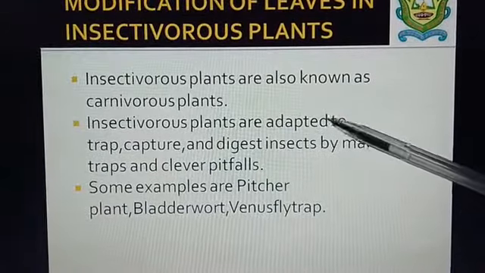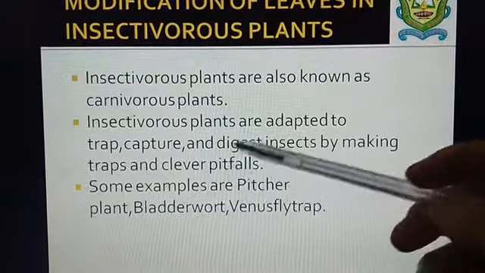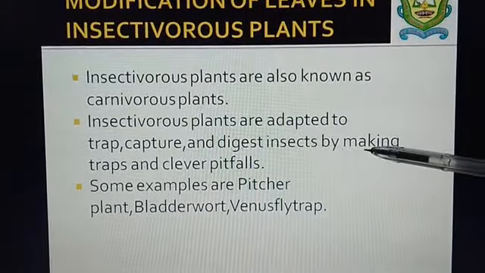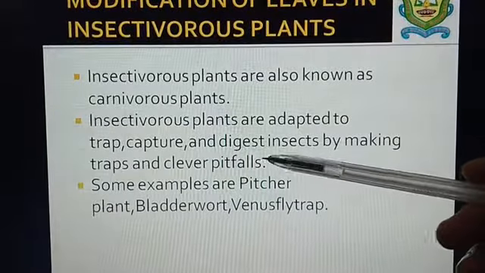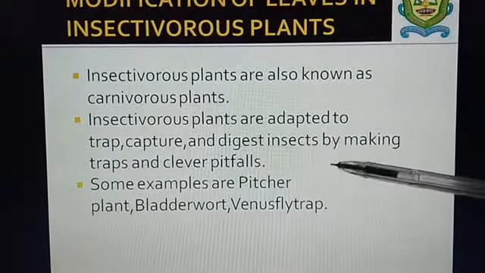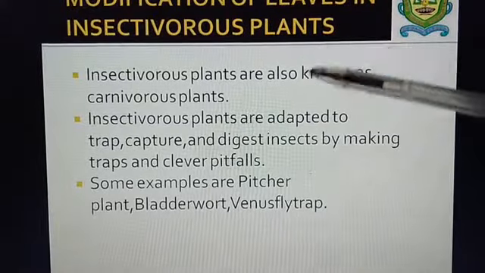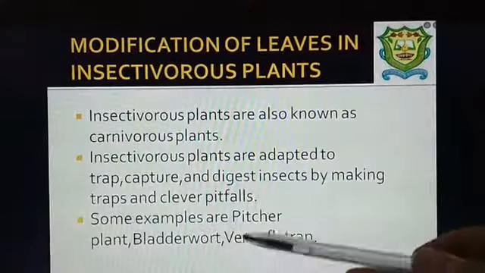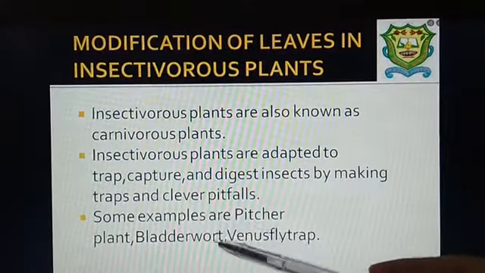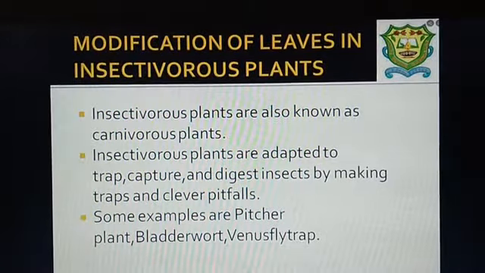Insectivorous plants are adapted to trap, capture and digest insects by making traps and pits. These traps are mostly the modification of leaf. Some examples are pitcher plant, bladderwort and Venus flytrap.